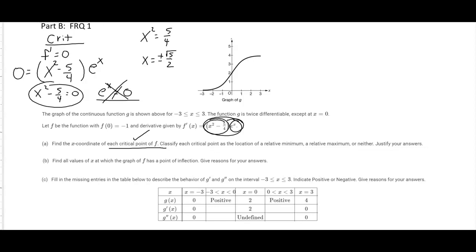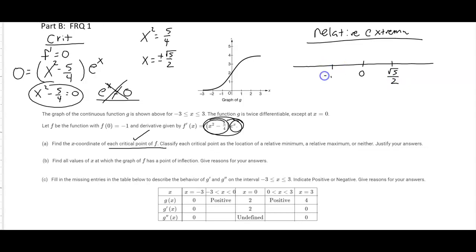Now we want to decide if they are relative extrema or not, and for that we're going to do our number line test. All right, so we have 0 in the middle. We've got radical 5 over 2 here and negative radical 5 over 2 here.